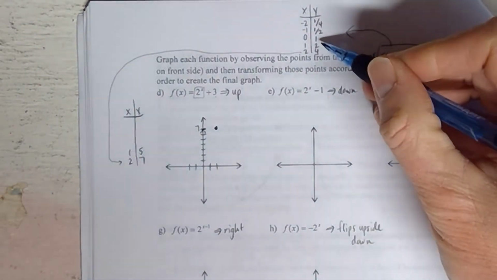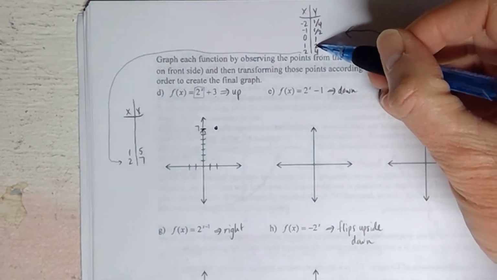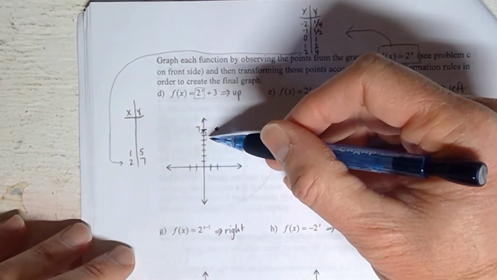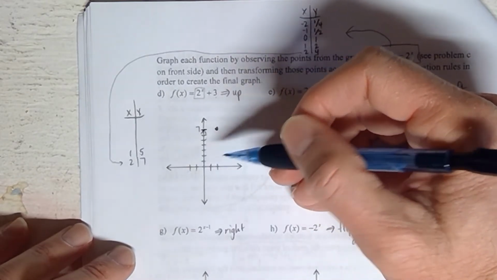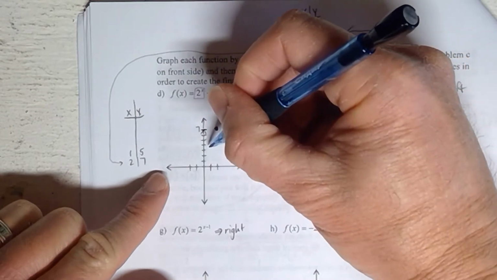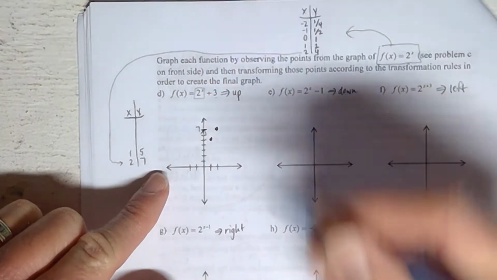In other words, because you're going up, the y values increase, because that's the positive direction for the y-axis. The y values increase by 3 while the x's don't change. And so there that is right there, (1, 5).